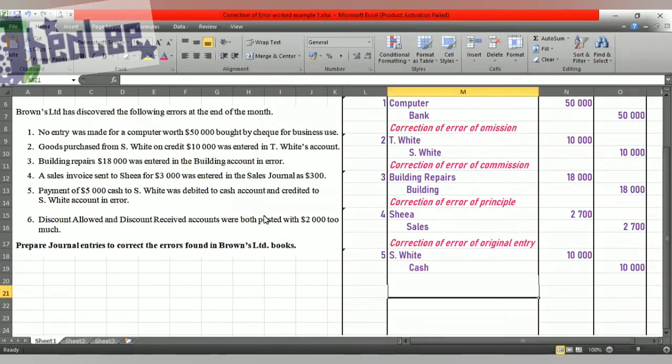In doubling the amount, all you're doing is canceling out that 5,000 that was placed on the incorrect side. And once you cancel that 5,000, you would have the correct value of 5,000 recorded in the accounts.